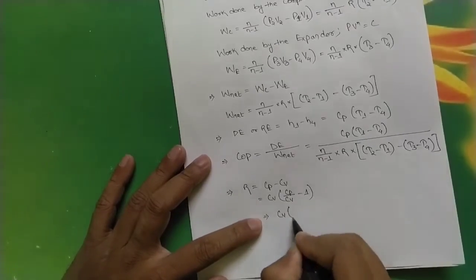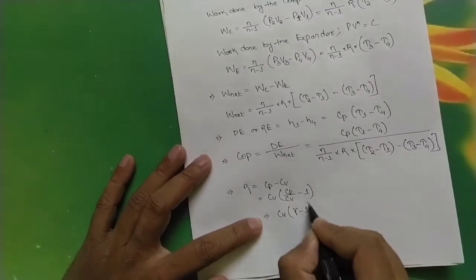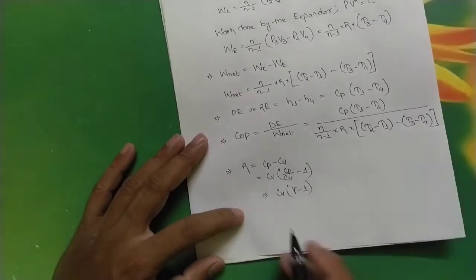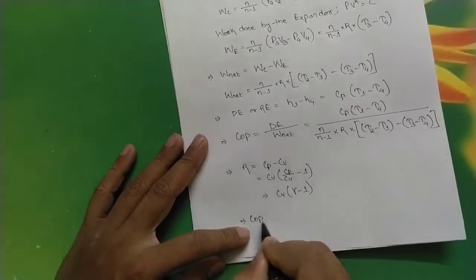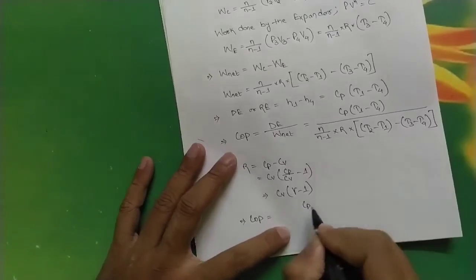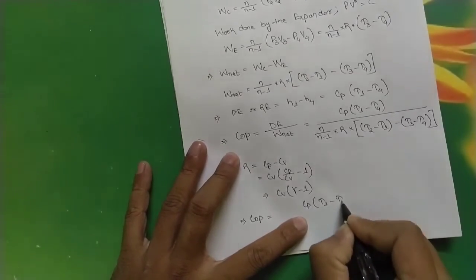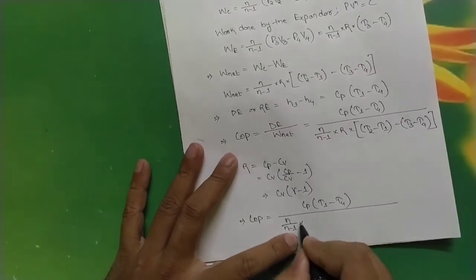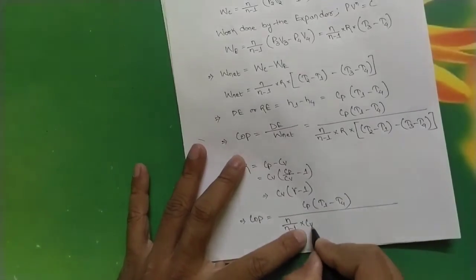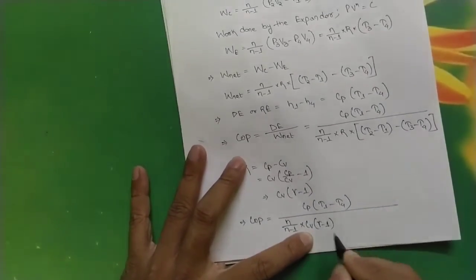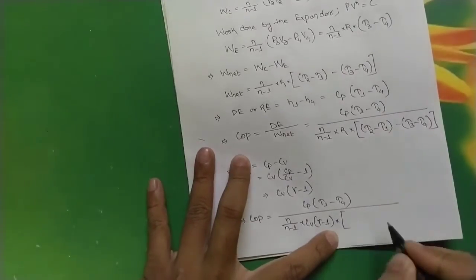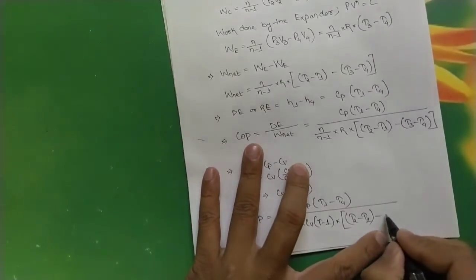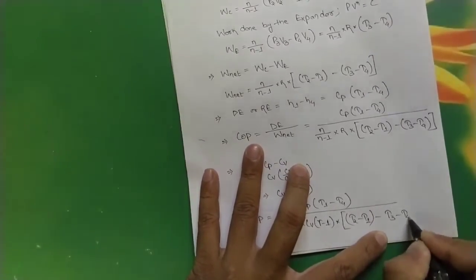And as we know Cp by Cv is gamma, we get Cv into (gamma minus 1). Replacing this with R, the gas constant, COP will be Cp into (T1 minus T4) whole divided by n by n minus 1 into Cv into (gamma minus 1) into [(T2 minus T1) minus (T3 minus T4)].